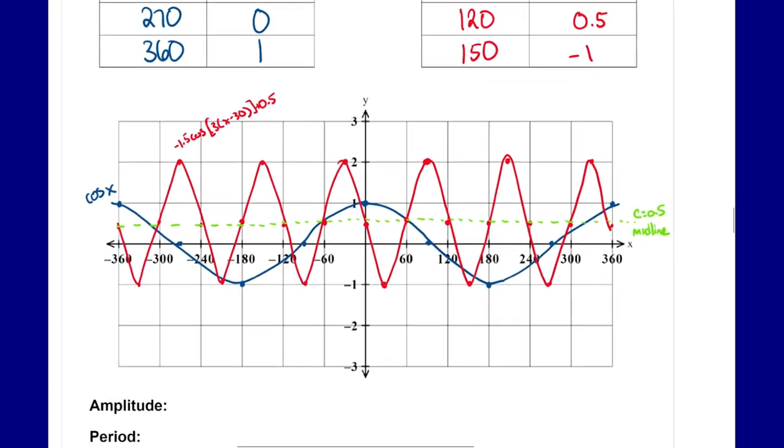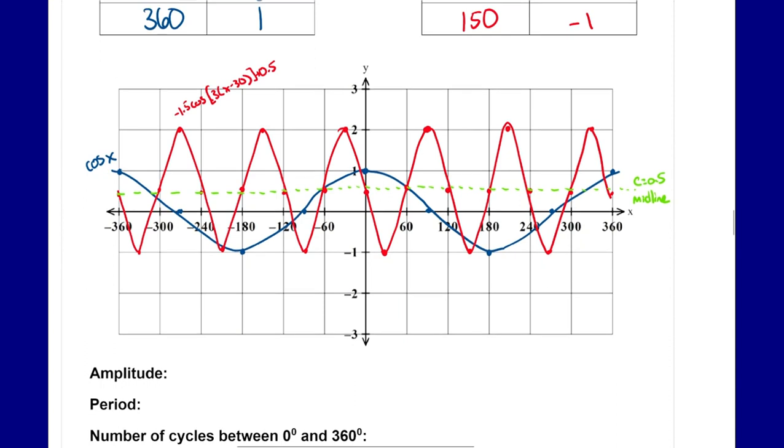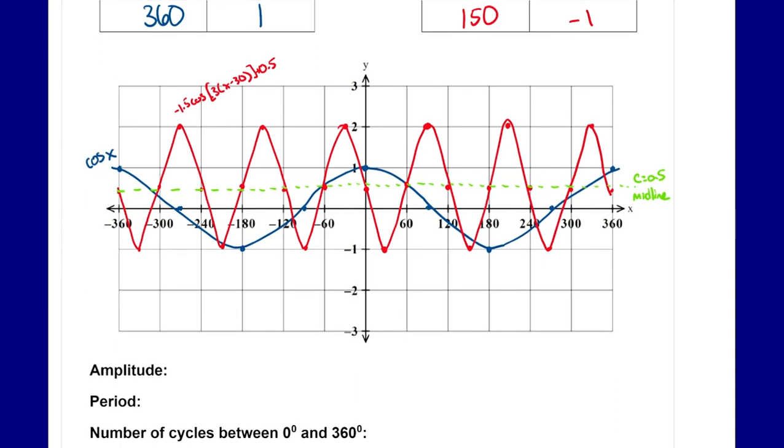I also want to determine my amplitude, my period, and the number of cycles between 0 and 360. Amplitude is easy because the amplitude is the A value, or the absolute value of A. In this case, it means the absolute value of negative 1.5, which just means 1.5. Basically, the absolute value just means only the positive version. So because it's negative 1.5, the amplitude is just 1.5.